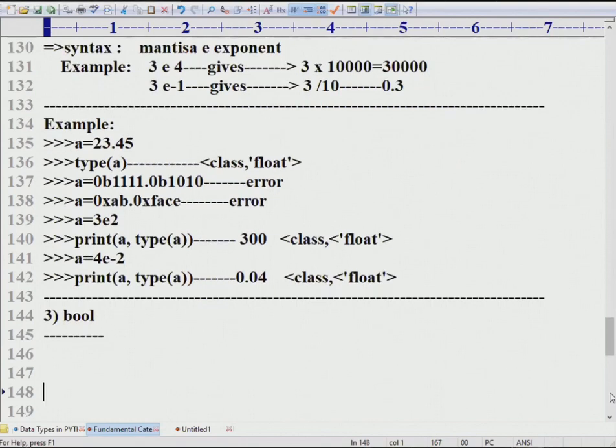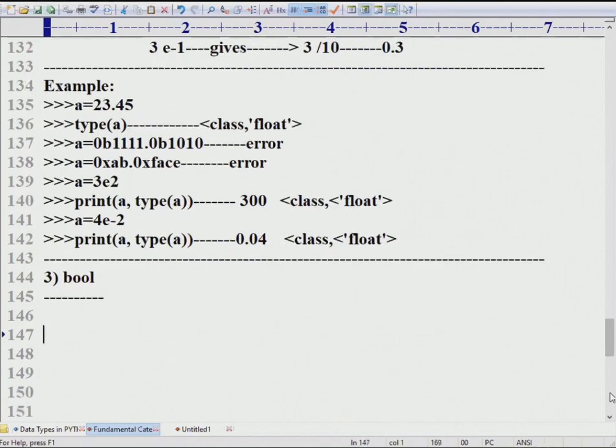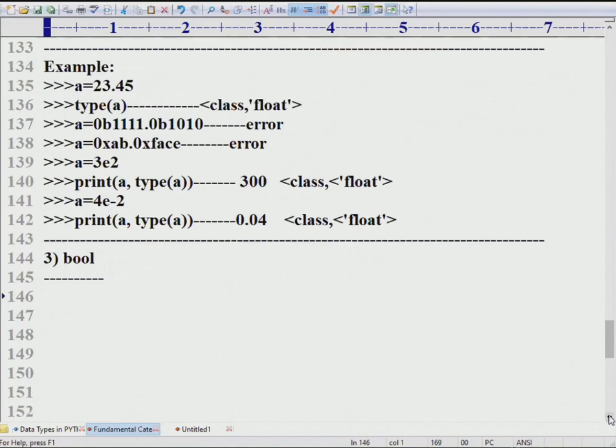Let us cover the basic concept first, then we'll go for practical examples. In programming, yes or no answer questions are called bool. Did you attend the last Sunday class? Yes means True, no means False. So bool data type is used to store what values?